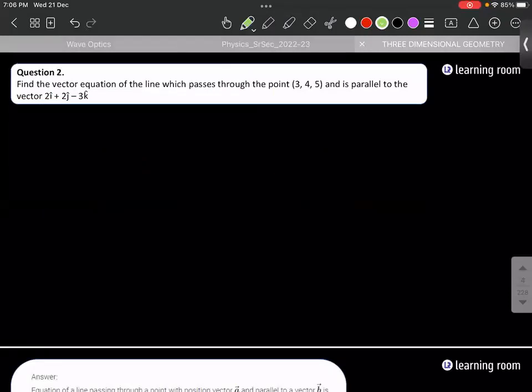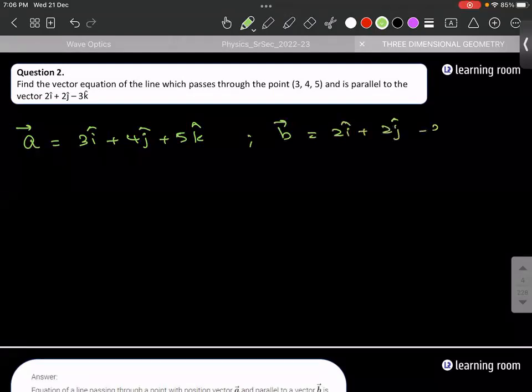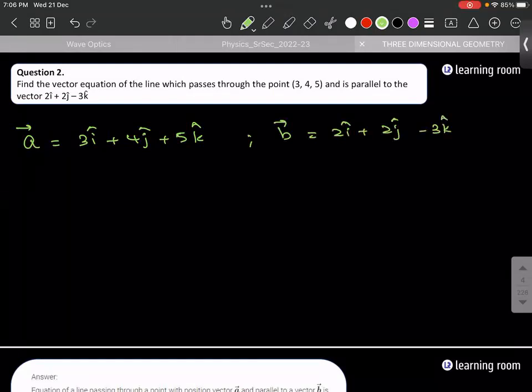Find the vector equation of the line which passes through a point A vector is equal to 3i cap plus 4j cap plus 5k cap. I hope everyone understood how I wrote this. Right? And this is parallel to the vector B is equal to 2i cap plus 2j cap minus 3k cap. R vector is equal to A vector plus lambda times B vector.